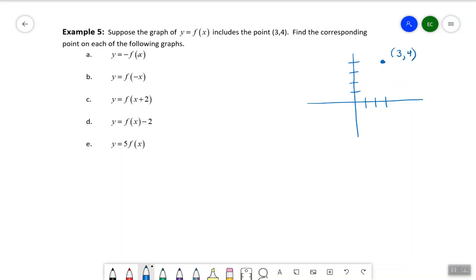And if we have -f of x, then that's a vertical reflection. That's a reflection over the x-axis. And so the point at 3, 4 is going to come down here to 3, -4. And that will be our answer.